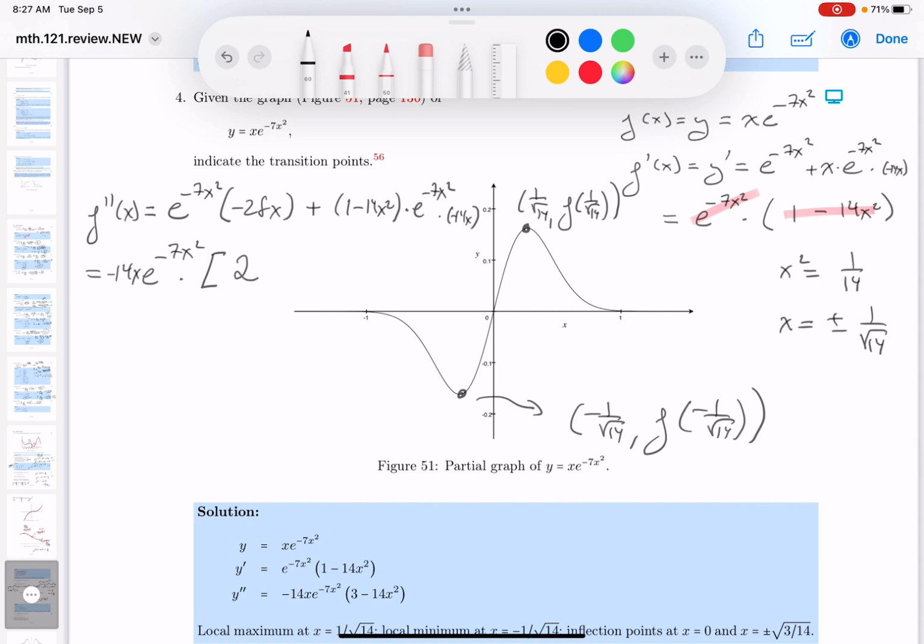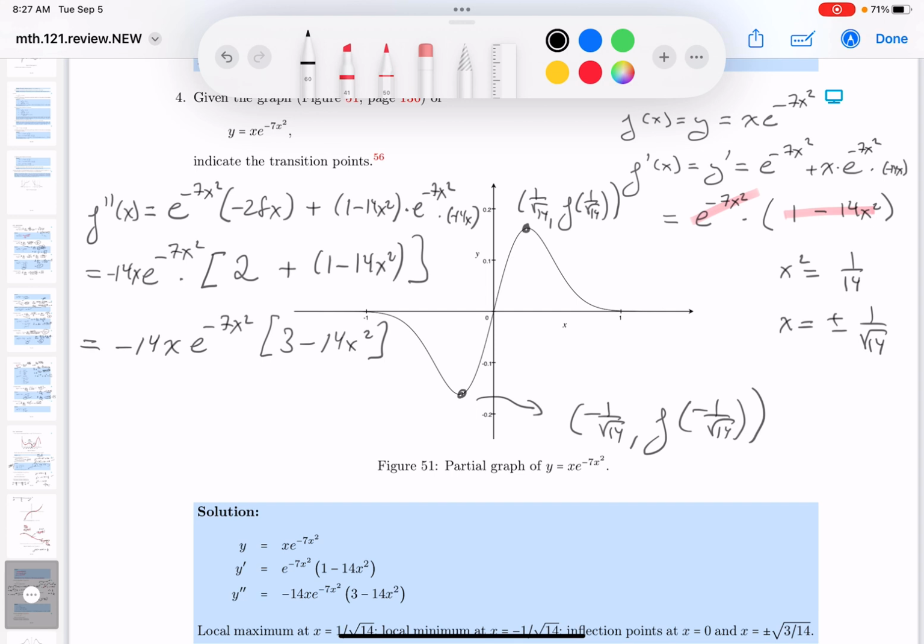On the second term, you're going to be left with 1 minus 14x squared, and that's about it. I'm going to clean up a little bit more. So minus 14x e to the minus 7x squared, and then you're going to get 3 minus 14x squared.